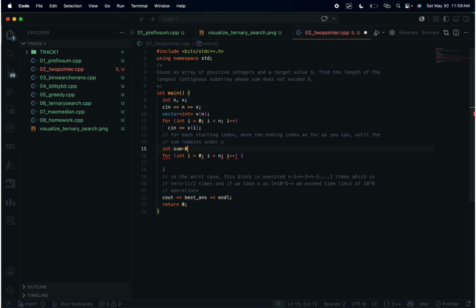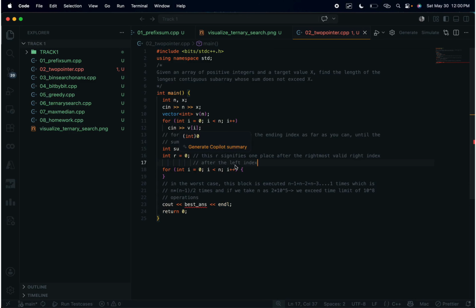So we again have a sum which is 0, and we maintain a right index. I'm going to say this R signifies one place after the rightmost valid right index after the left index.